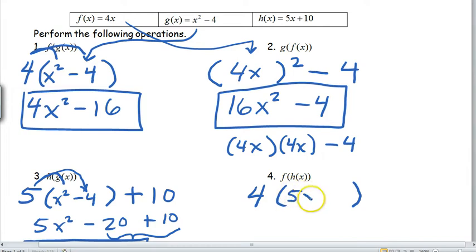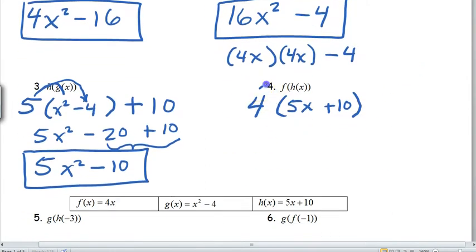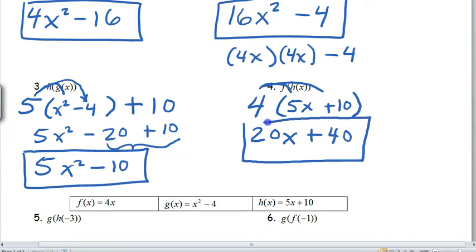So inside of here I put 5x plus 10. Little distributive property now is going to give me 20x plus 40. So that would be the answer. Any questions about number 4?